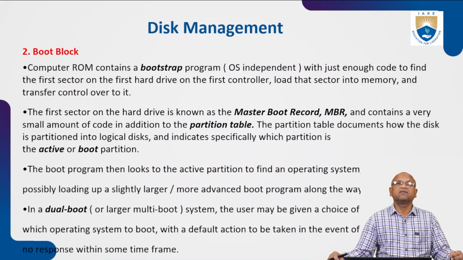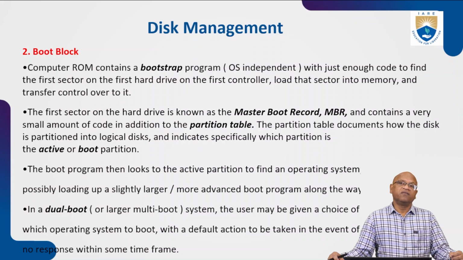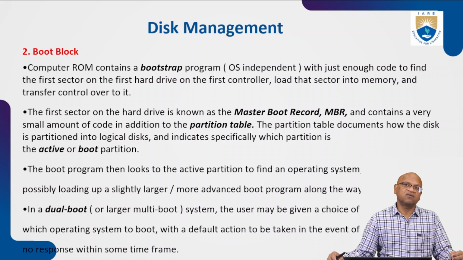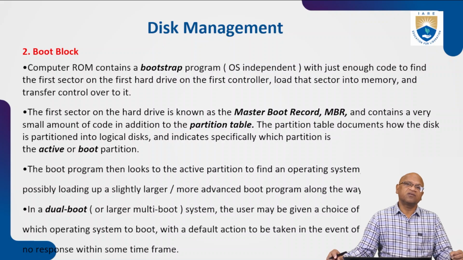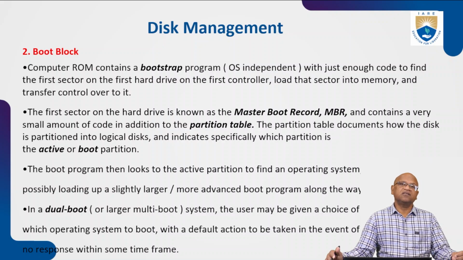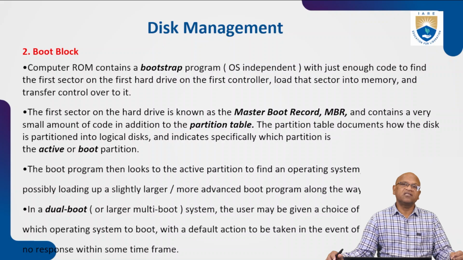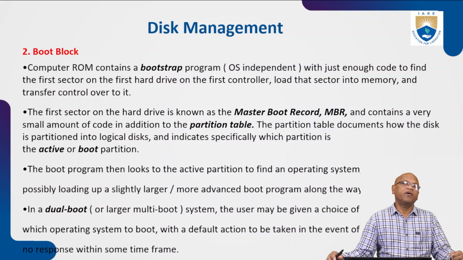Boot block. The computer ROM contains a bootstrap program, with just enough code to find the first sector on the first hard drive on the first controller, load that sector into memory, and transfer control over to it. The first sector on the hard drive is known as the master boot record (MBR), and contains a very small amount of code in addition to the partition table.